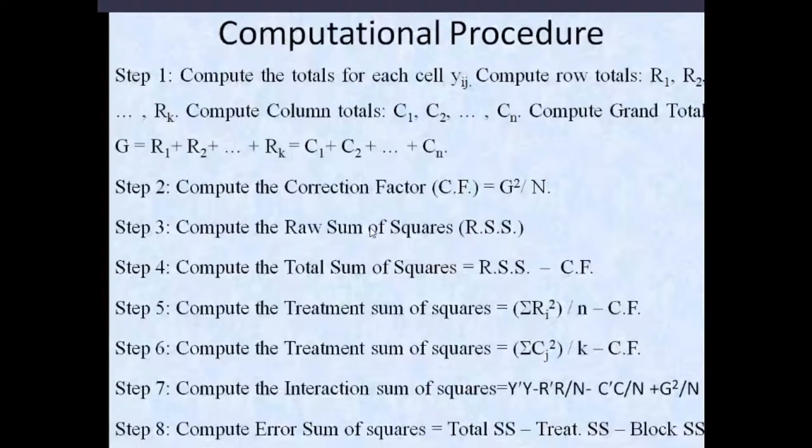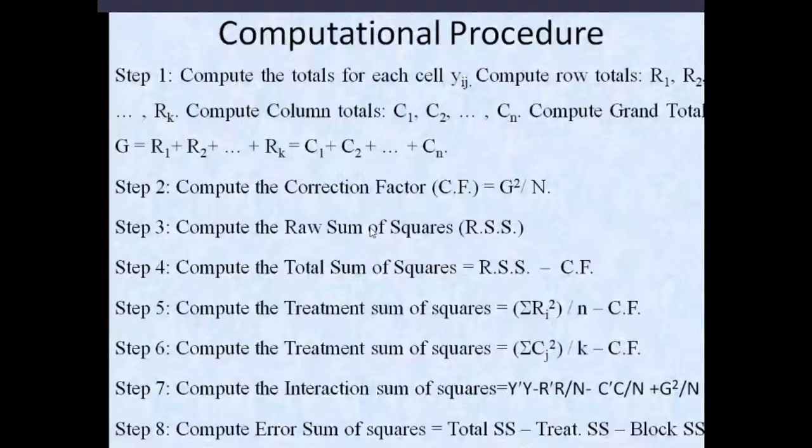And similarly, this corresponds to factor A, and corresponding to factor B is another treatment that we are going to use, that is the column, summation of Cj square by K, minus the correction factor. Then compute the interaction sum of squares, that is what I have written, and then compute the error sum of squares: total sum of squares minus treatment minus blocks, which gives the error sum of squares.